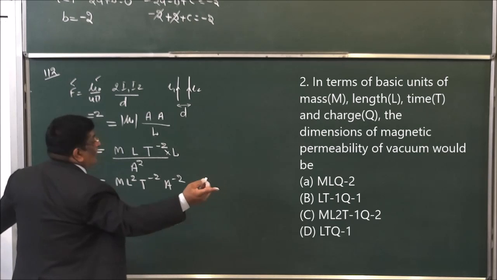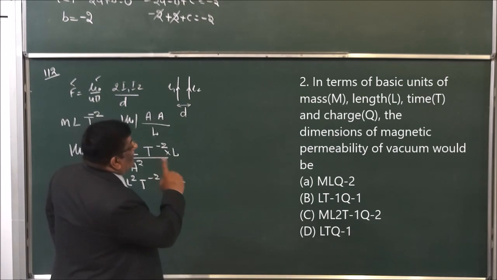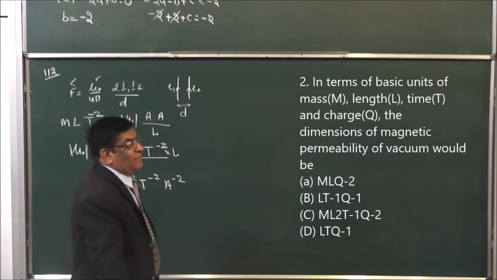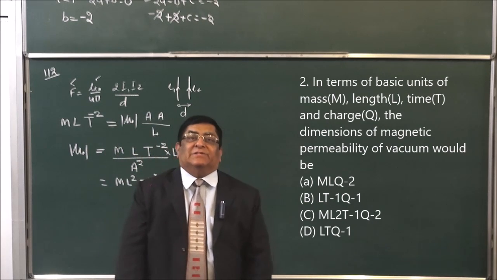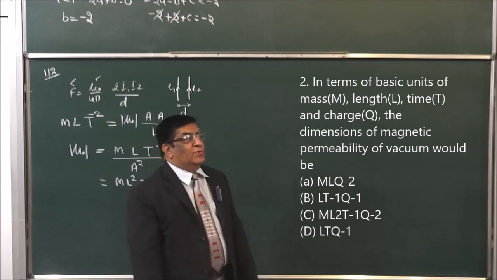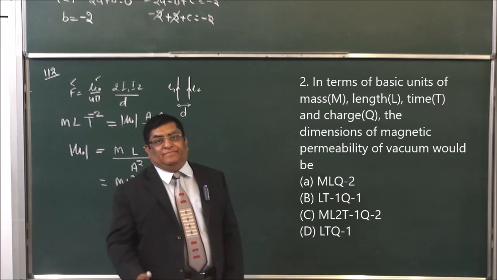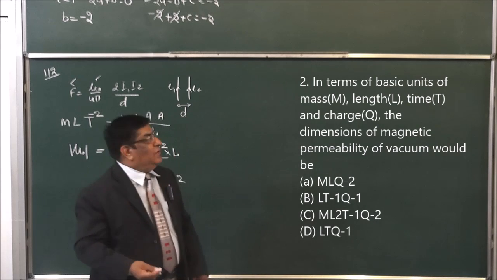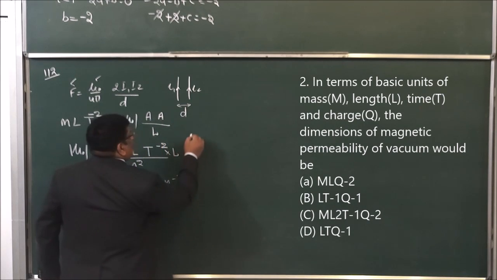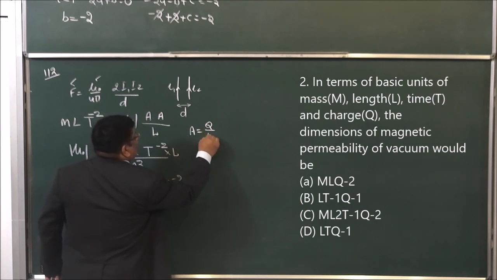Answer no. Because here they have used a basic quantity, charge, that is Q, in terms of Q, not in terms of ampere. So we must convert ampere into charge, and we know the relation is current in ampere is equal to charge divided by time.